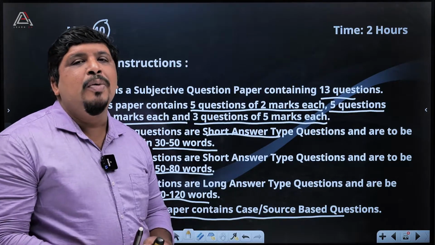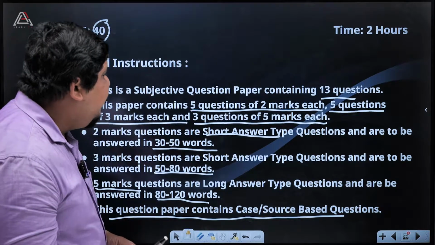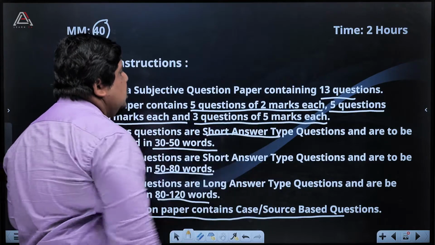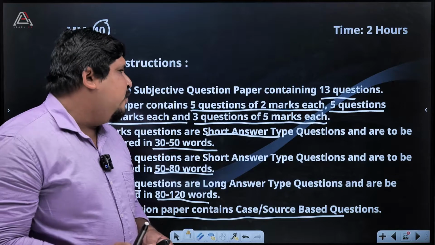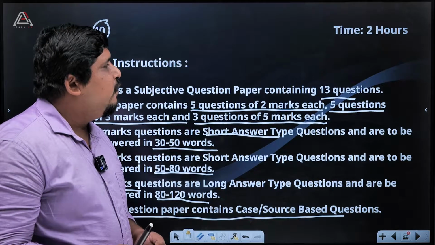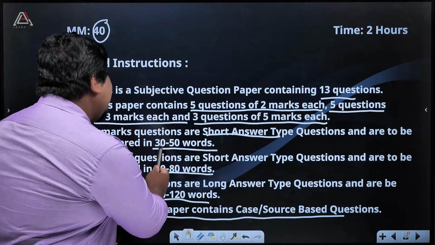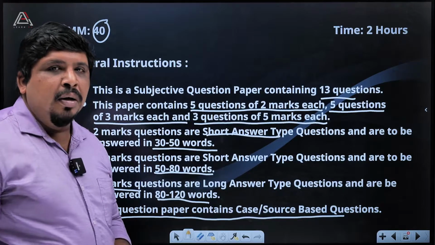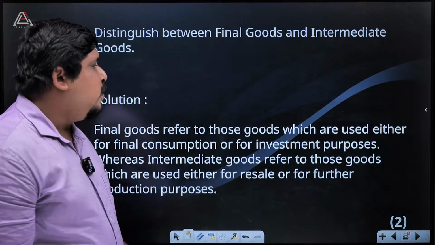So first of all, we are moving to very short answer type questions, the 2 marks questions, 5 questions. For these you have to write only 30 to 50 words.